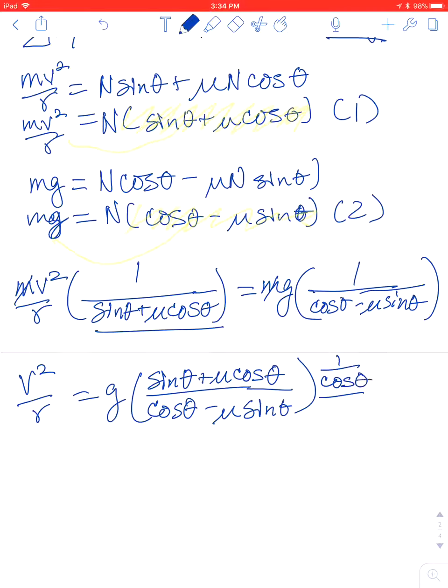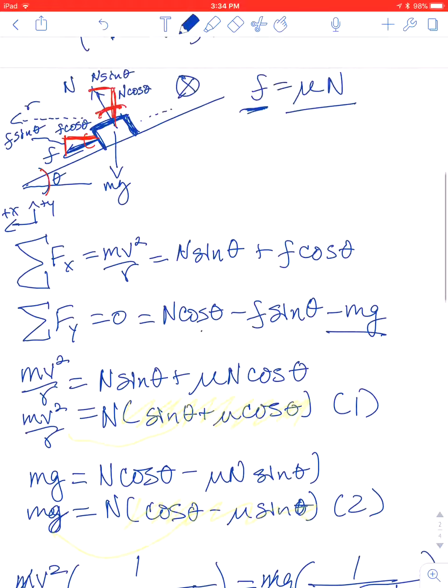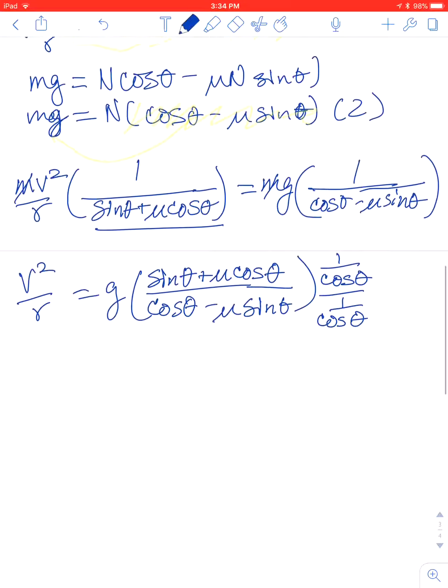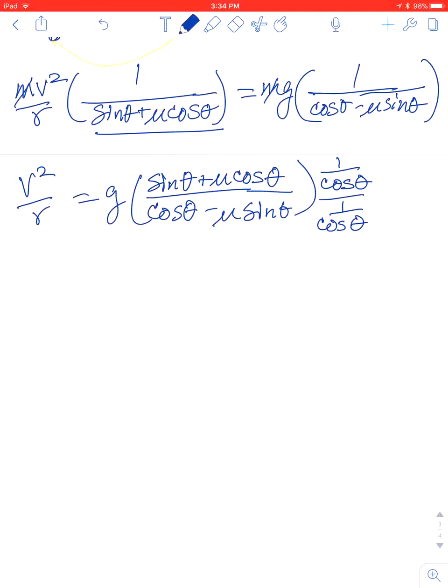So I'm going to multiply the top and bottom by 1 over cosine of theta. It doesn't seem like it's helpful, but when I did the derivation for the safe speed before, we got square root of r g tan theta, and I don't see a tangent in here, but I can get one in there.